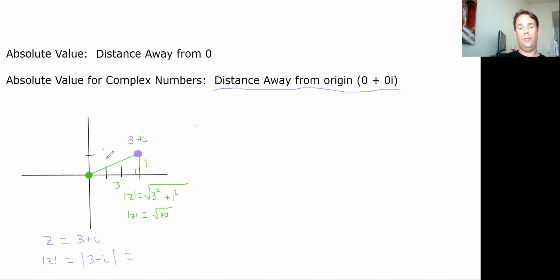So in other words, if I make this the absolute value of Z, just in case you're wondering why I went right to that square root thing. So the hypotenuse is always equal to the square root of A squared plus B squared. And by the way, in a complex number, A plus Bi. So we take the square root of it.